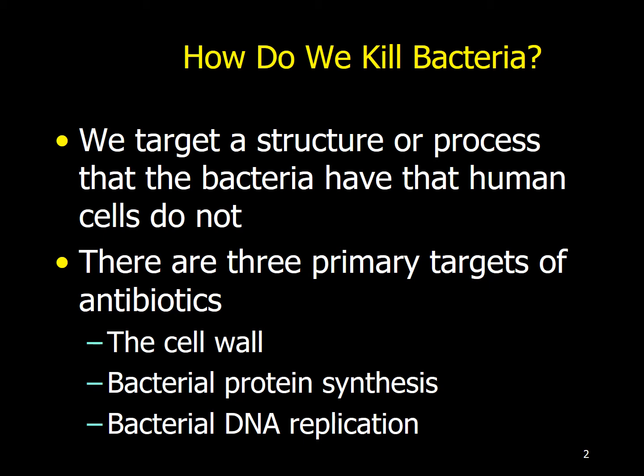So the bacterial cell wall is a really easy target because humans don't have them. They're constructed of things that humans don't have and don't make. So the bacterial cell wall is a really beautiful target. Antibiotics that interfere with the cell wall can usually be used in just about everybody, like pregnant women, neonates, old people, and everything in between, because they're targeting a structure that human beings just don't have.